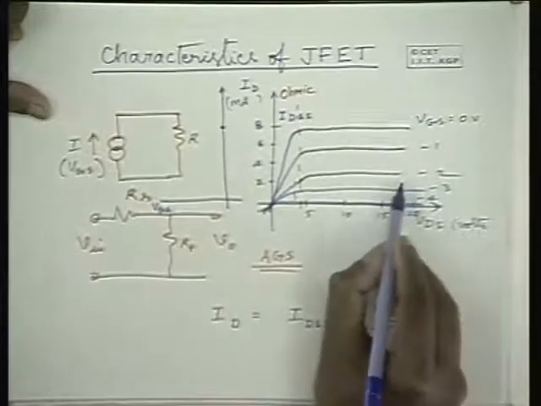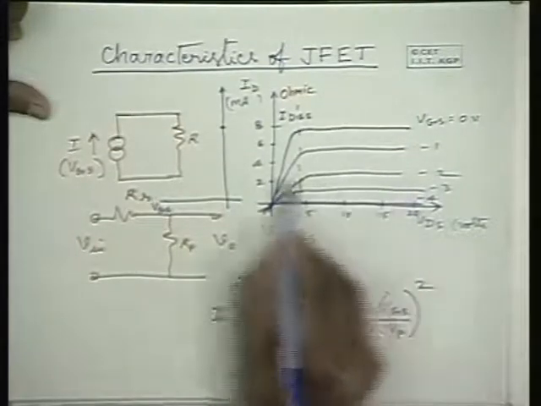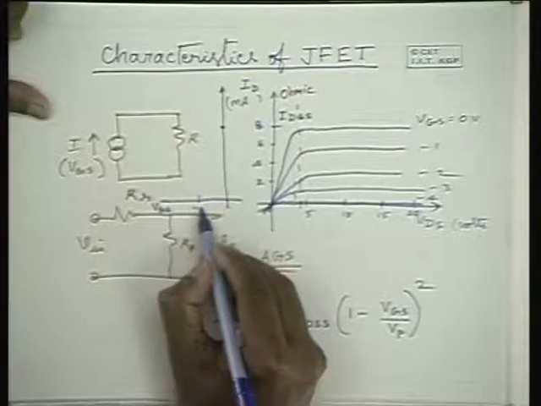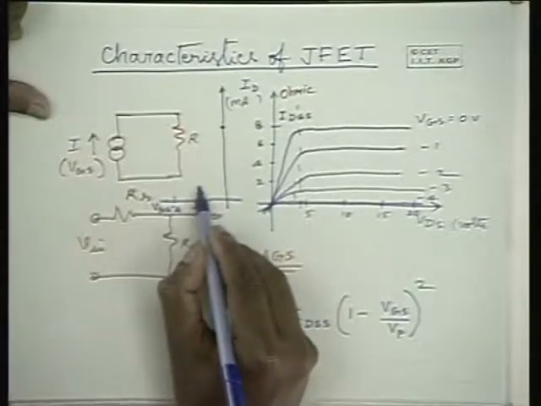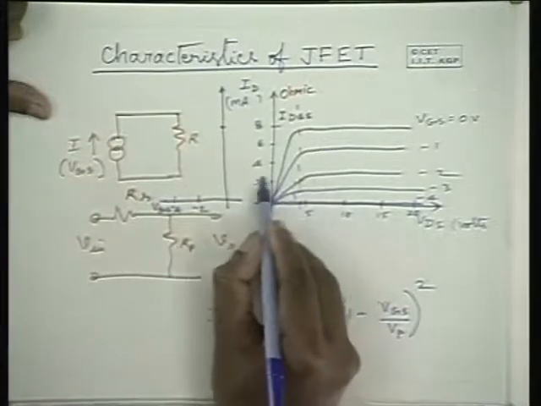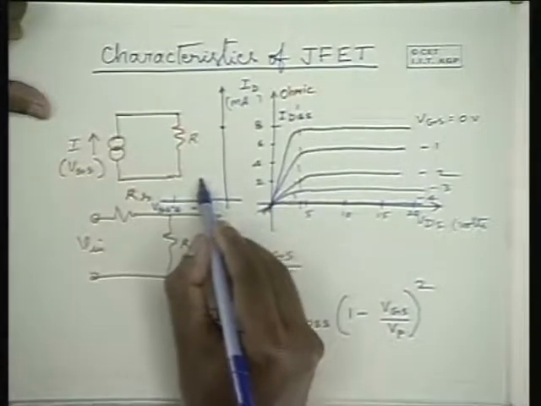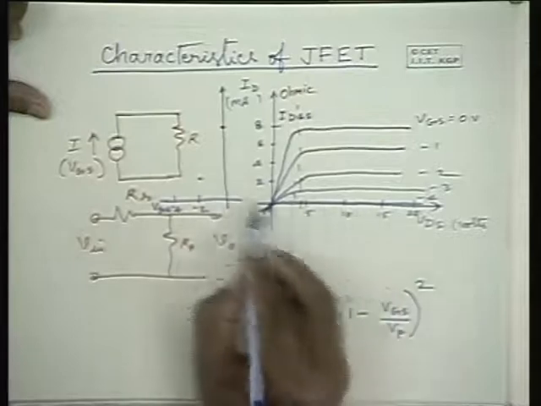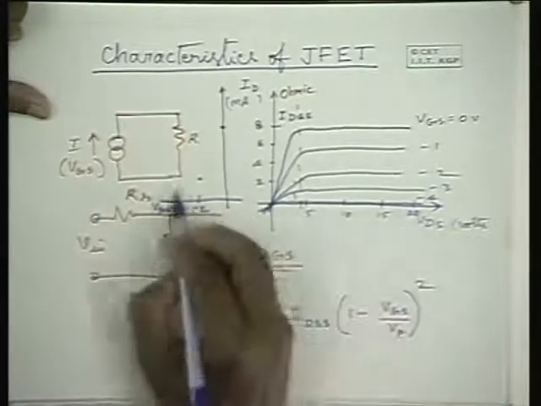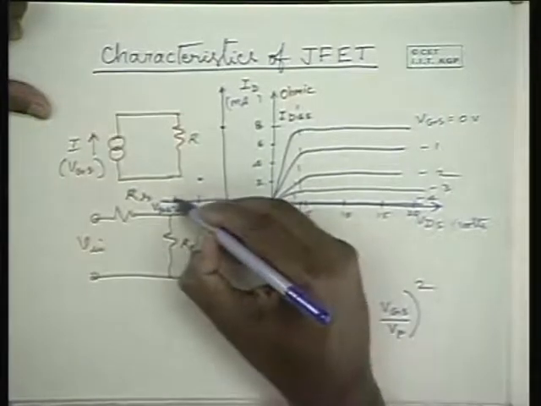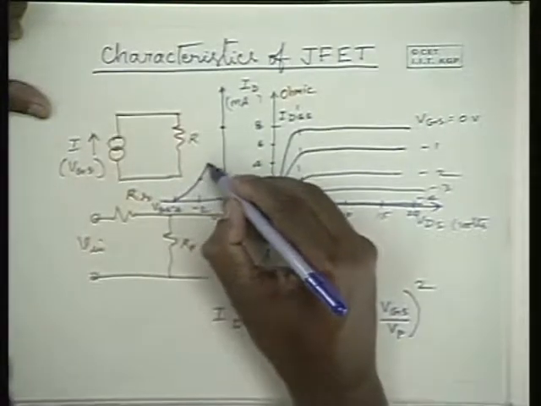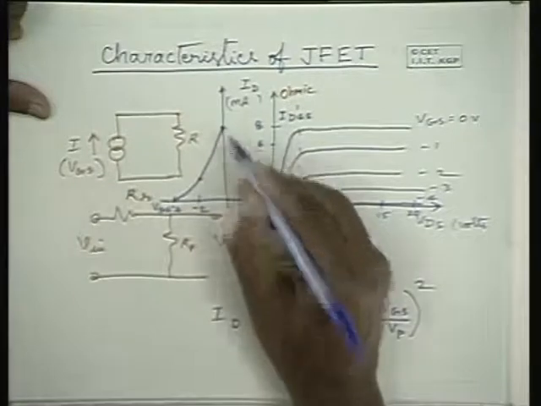And when VGS is minus 2 volts, for example, minus 2, minus 4, when it is minus 2 volts, ID is this much. This is the point. When it is minus 4, it is almost 0. So the transfer characteristics is like this.